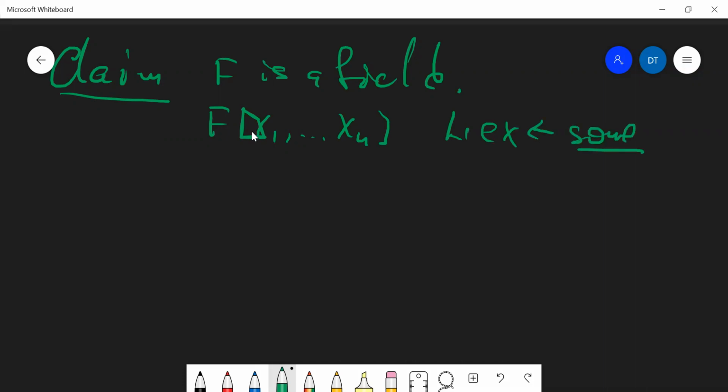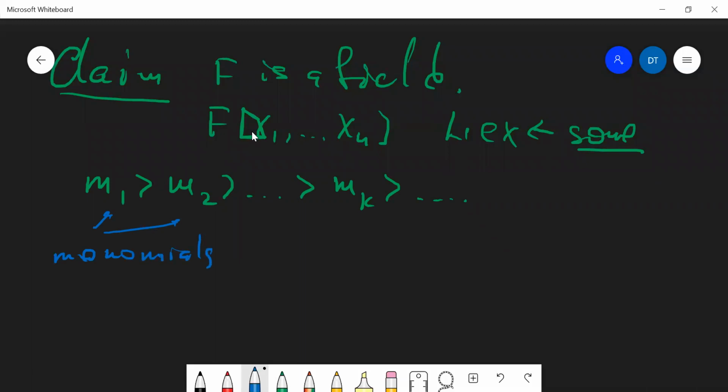We don't care about the order of the variables. Now, suppose that m1, m2, etc. is a strictly descending chain of monomials. The claim is that this chain must be finite.